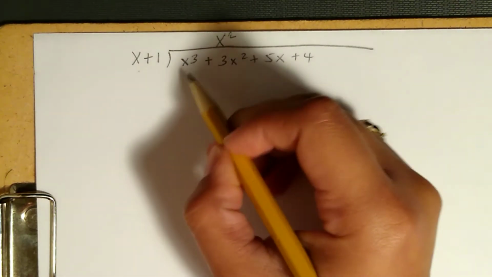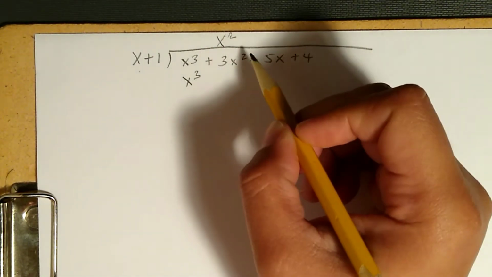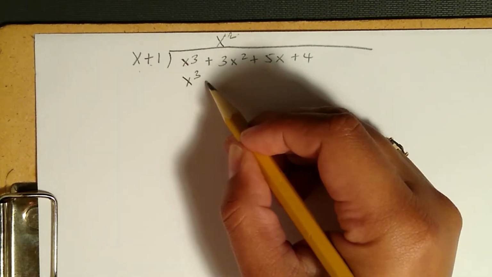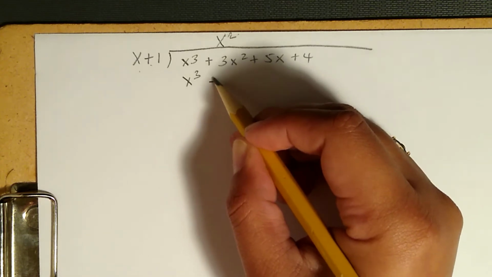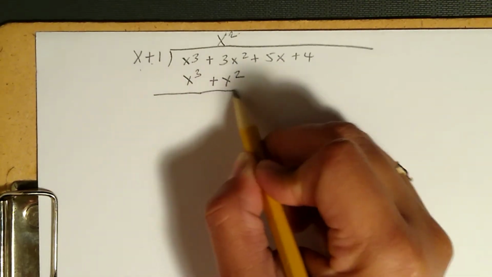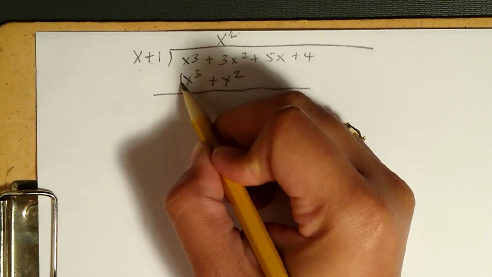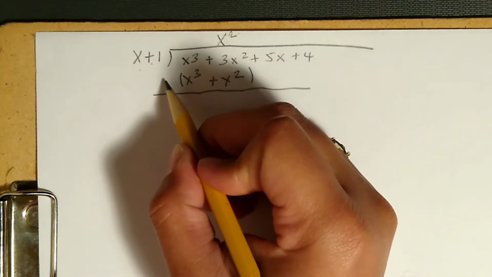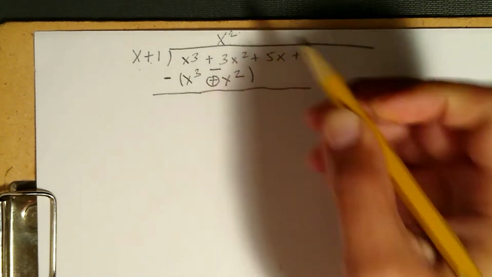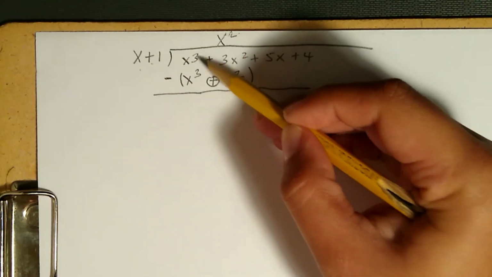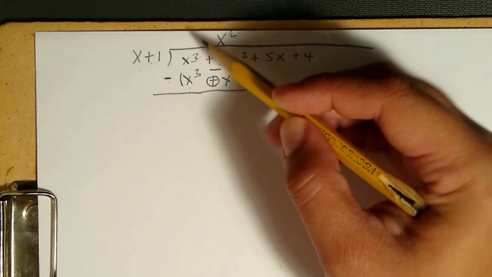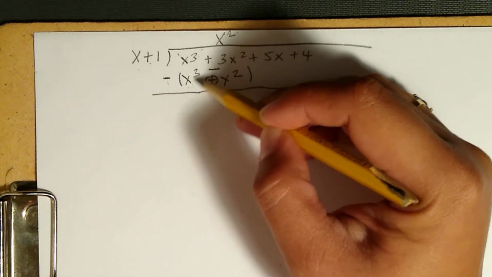x squared times x is x cubed. X squared times 1 is x squared. Remember, we have to change the sign because we are subtracting. x cubed minus x cubed cancels out because this is negative x cubed.